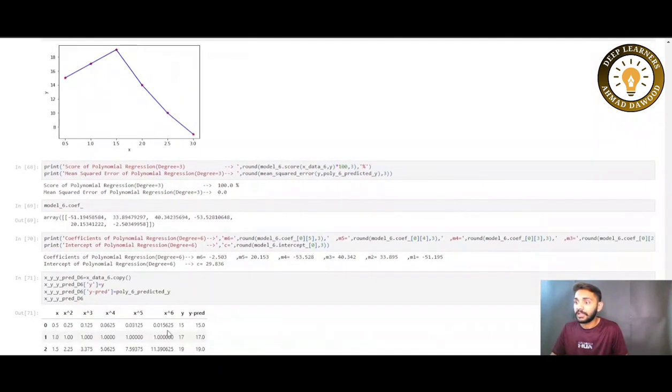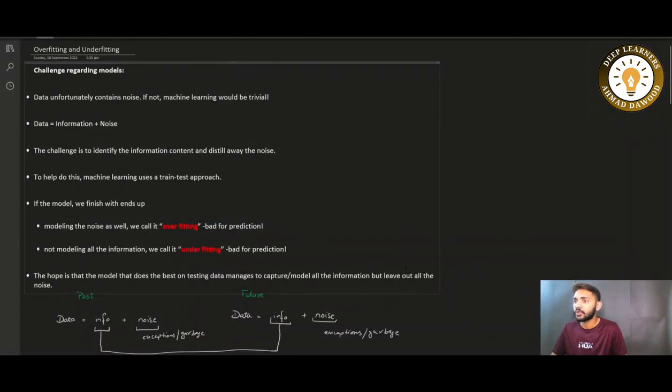That we learned in the last session. In this session we will focus on overfitting and underfitting: what these are, what the challenges are, and how we can resolve them. In the next sessions we will also see how we can overcome overfitting. Here we will just get some understanding about overfitting and underfitting of models.